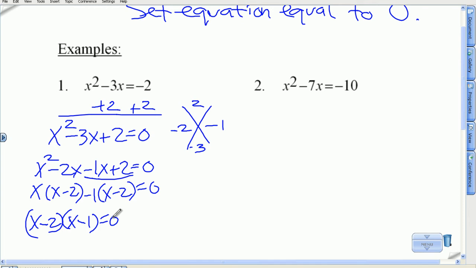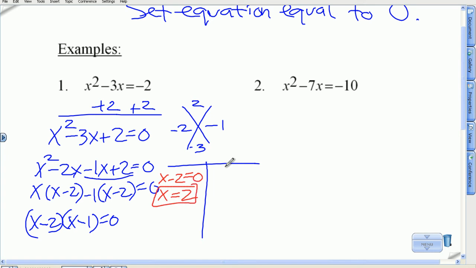Now, here's what's new. You'll notice that's set equal to 0. If the product of x minus 2 and x minus 1 is 0, one or both of them must be equal to 0. So I'm switching to orange here. This is what's new. I'm going to take x minus 2, set that equal to 0, solve for x. x is positive 2.